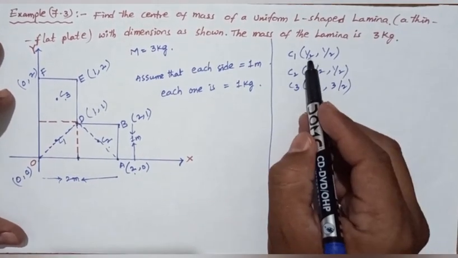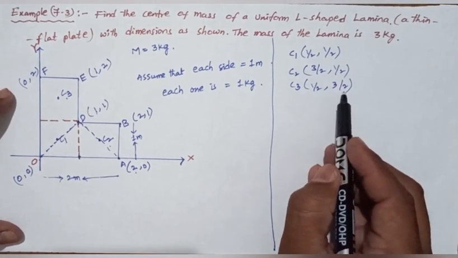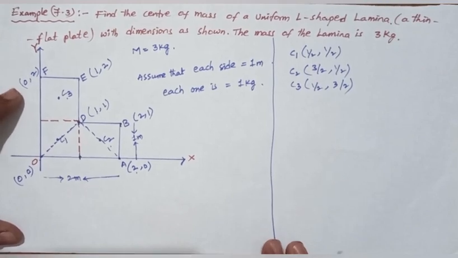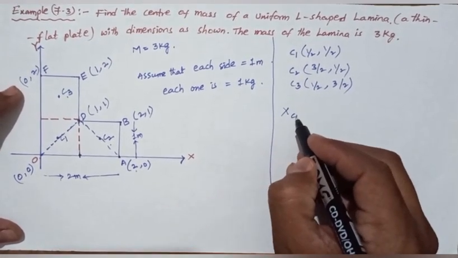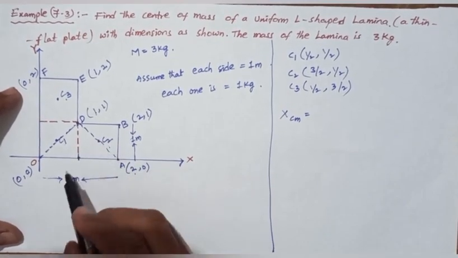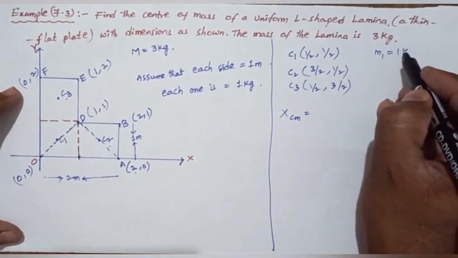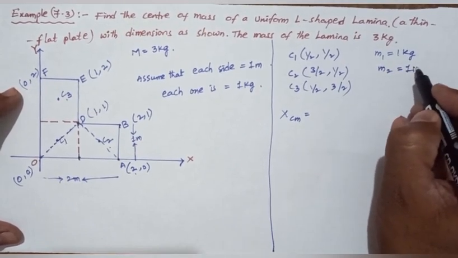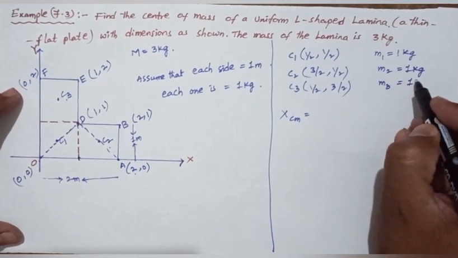Okay, these are x1 y1, x2 y2, and x3 y3. So we can find out XCM. What are m1, m2, m3? m1 equals 1 kilogram, m2 equals 1 kilogram, and m3 equals 1 kilogram.